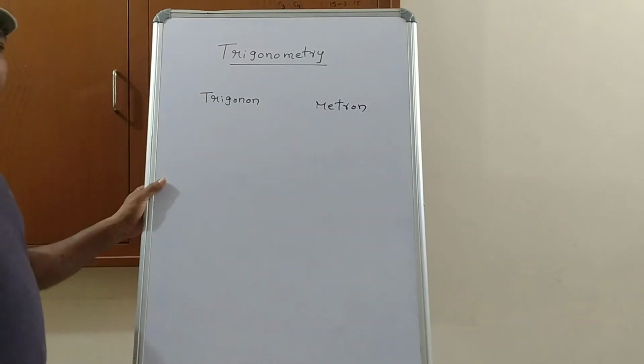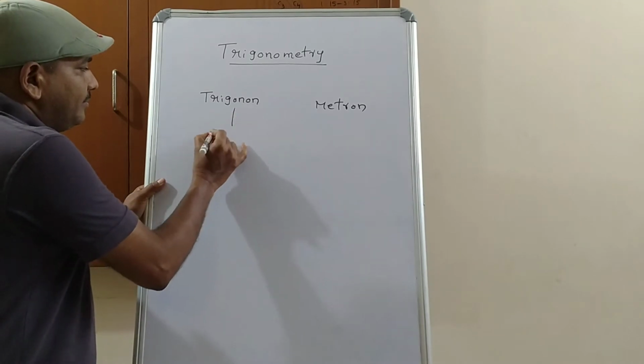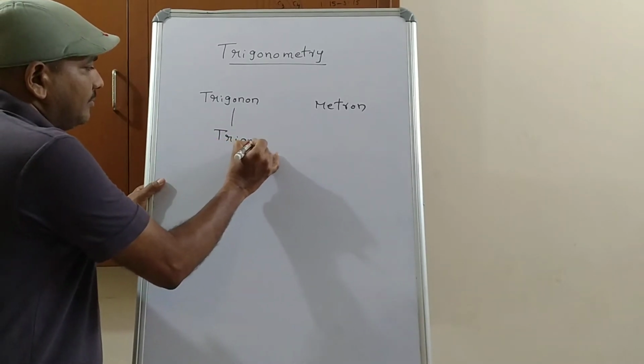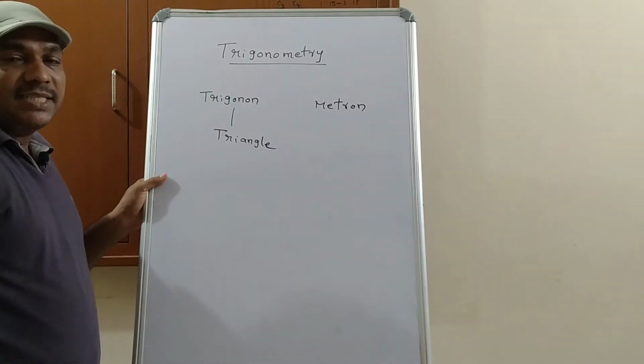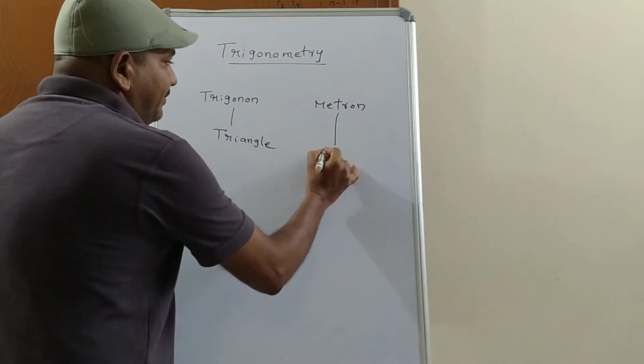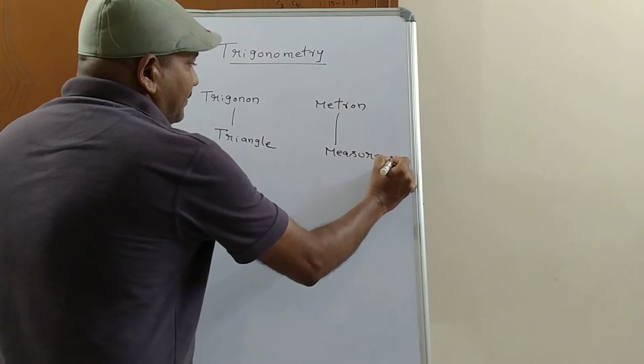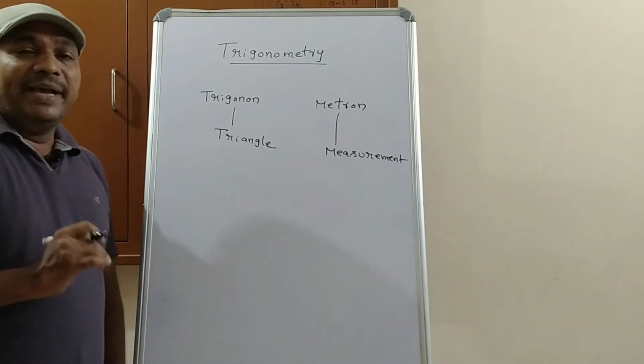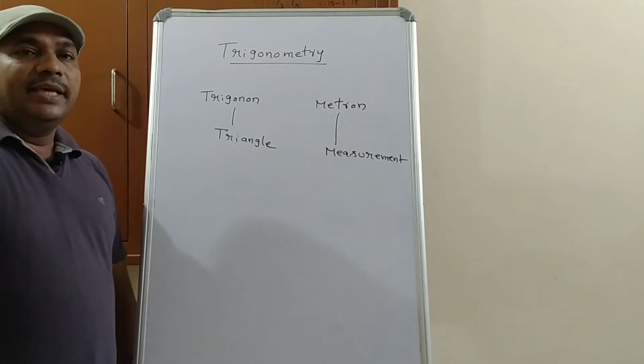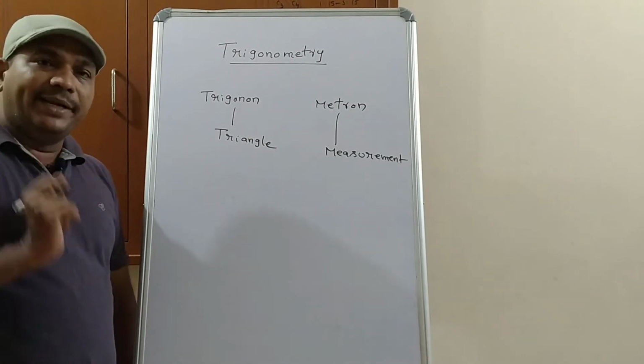Trigonon means triangle. Metron means measurement. So, measurement of the triangle is nothing but trigonometry.